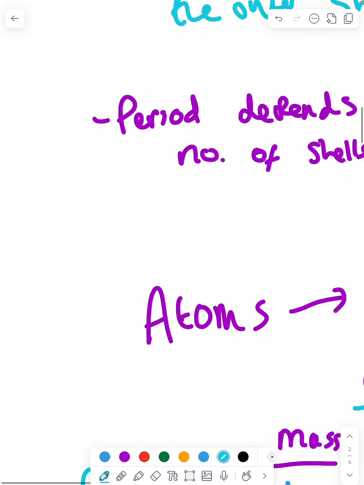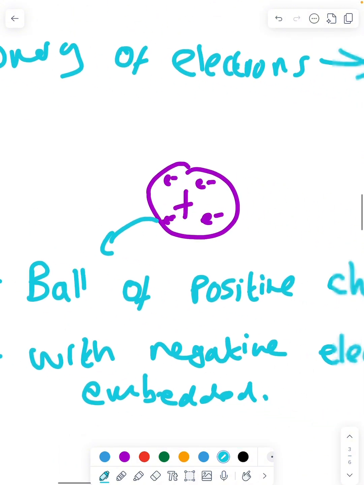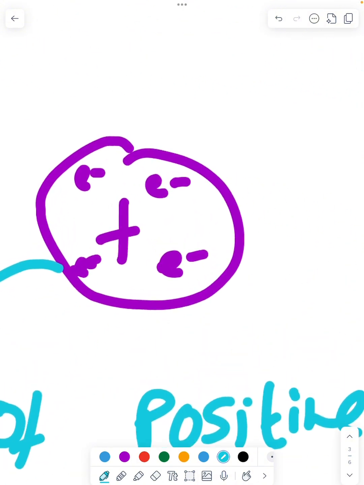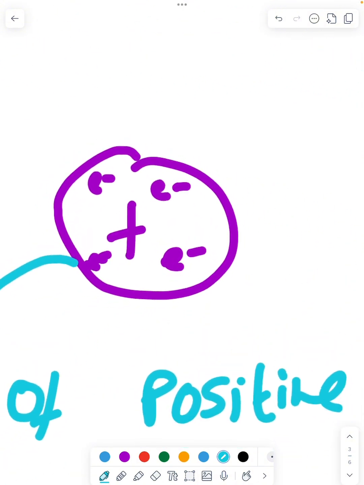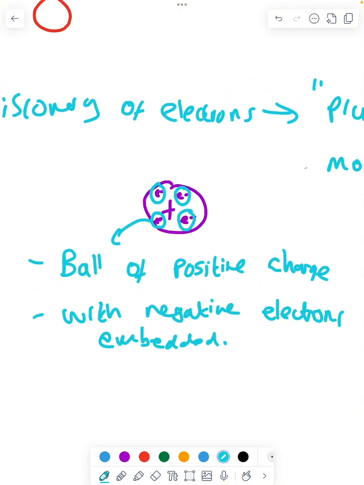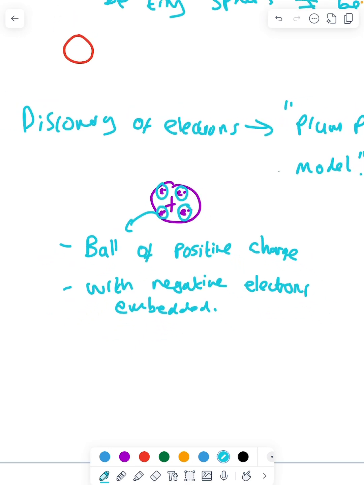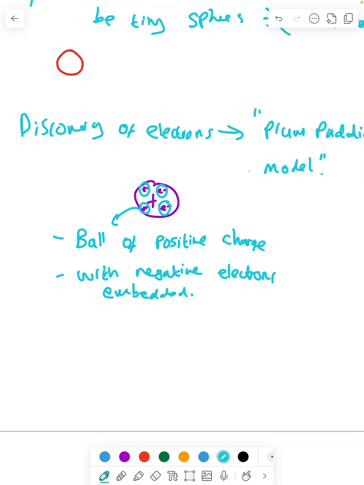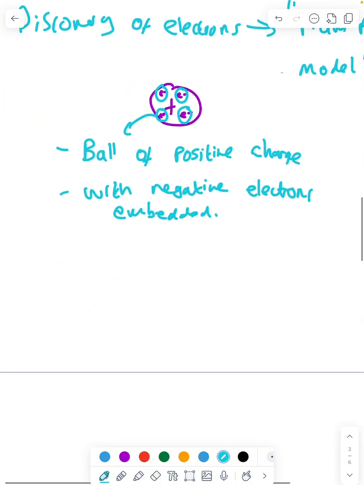Whereas in this one down here, the whole thing is positive rather than just the nucleus being the positive part. The full thing is a positive ball, and you've got these electrons embedded all over the place. But now we know the electrons are arranged on shells and circle around it. These are the kind of differences you'd be expected to say. There's also no neutrons here. Now we know that there are neutrons, but we'll get to that point.